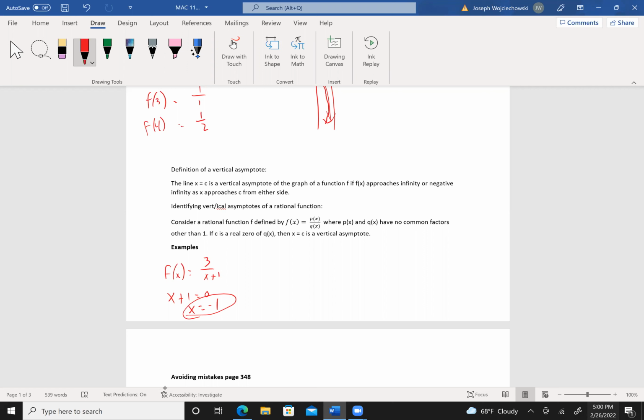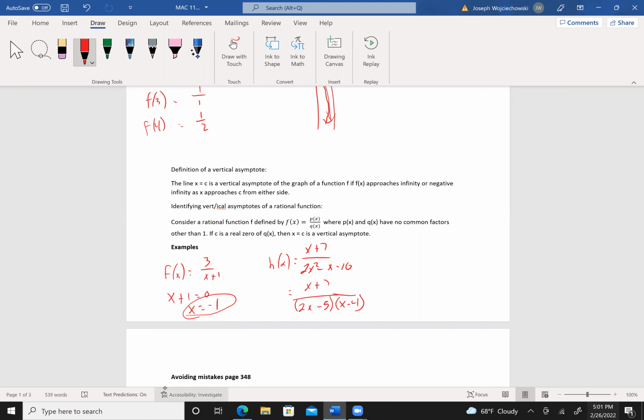Looking at another one, h of x equals x plus 7 over 2x squared minus x minus 10. This will factor into 2x minus 5 times x minus 4.